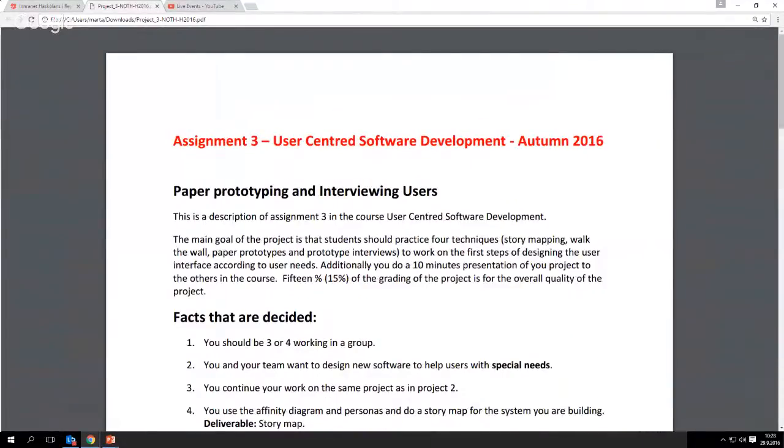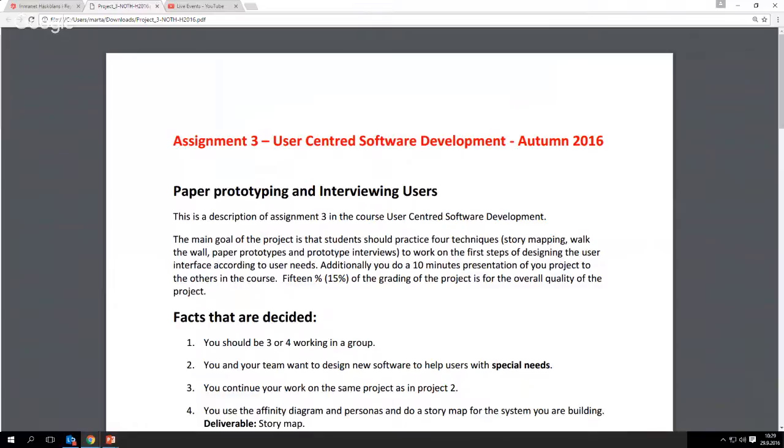Okay, so the main idea is that you do a paper prototype. And it will be according to the lecture on paper prototypes. And I want you to do it by the book, as in the course book. So I want you to do paper prototypes with post-its only.